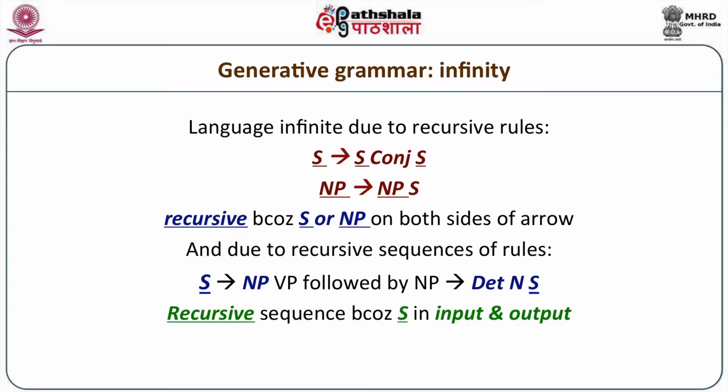There are certain rules in the system of generative syntax which are recursive rules. For example, a rule introducing coordinate clauses that takes S on the left-hand side and then after the arrow writes S conjunction S, responsible for John is sad and Mary is happy, for example.